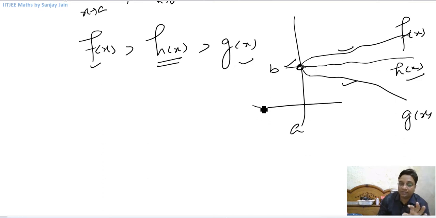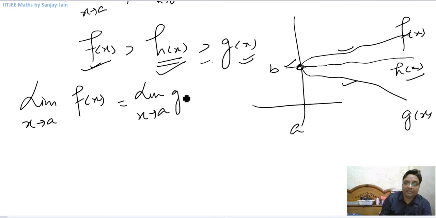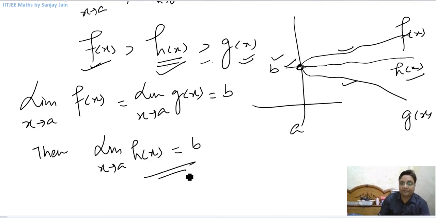This is the idea of sandwich theorem, that if there is a function, f of x is greater than that function, g of x is lesser than that function, then if limit x tends to a f of x is equal to limit x tends to a g of x equal to some limit, in this case it is b, then limit x tends to a h of x will definitely be equal to b, right?